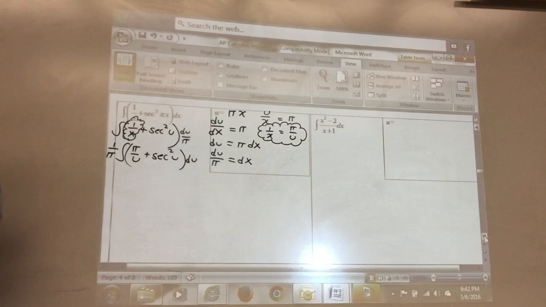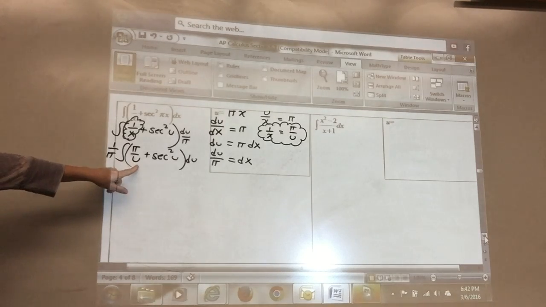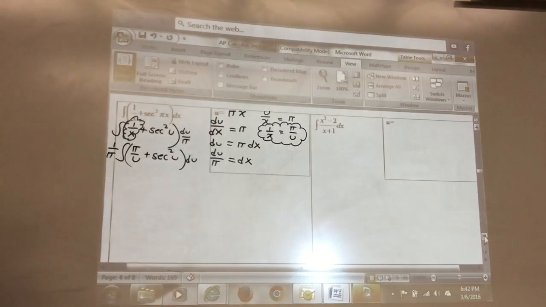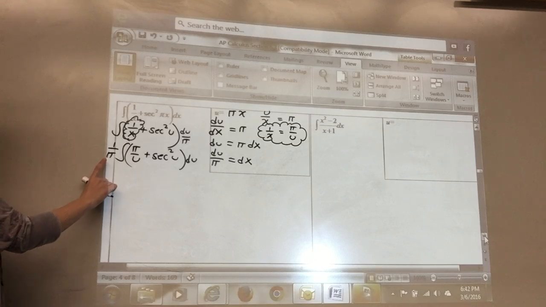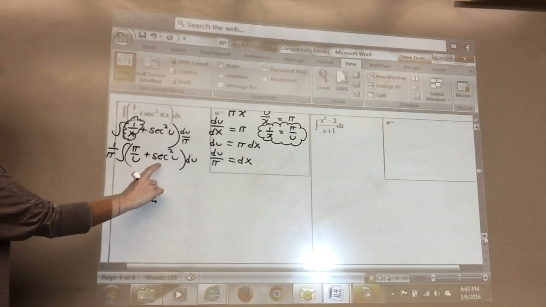Okay, so at this point, what could I do next? It's all nice and sub. Okay, so be careful. When I go through to do this, I can't just reduce those pi's because this 1 over pi is actually going to everything. So it would actually have a 1 over pi here as well.